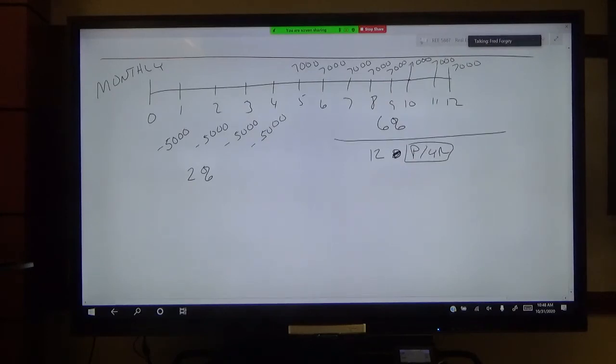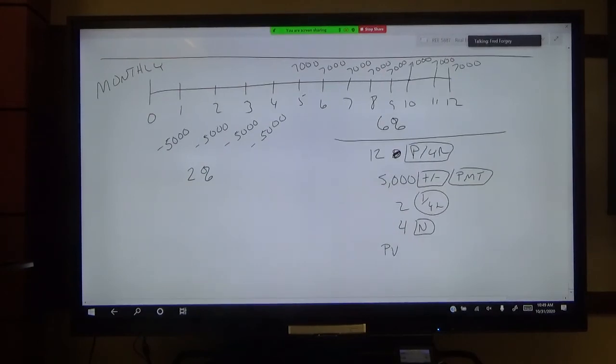Okay, so let's start with the easy ones. So we've got 5,000 negative payment, 2%, for 4 months. And here, you're just going to do 4 N. If you do 4 shift N, it's going to be 48 months, okay? So be careful on that.